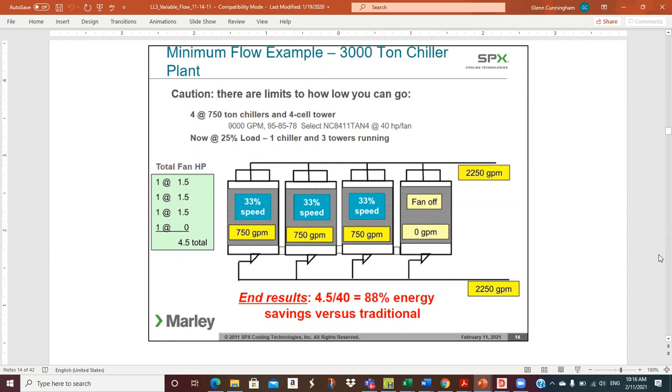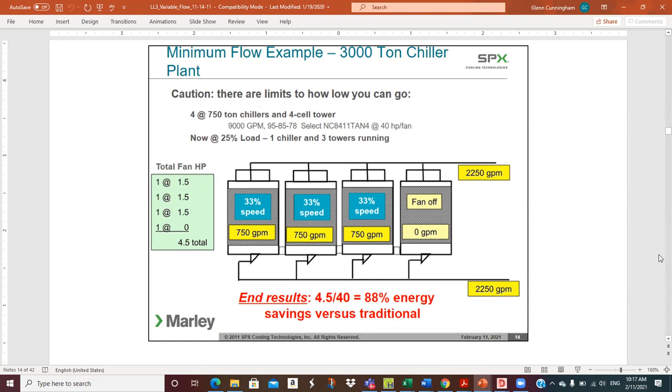For example, here, let's say that you're running just one chiller, and they can't run all 4 cells because that would violate the minimum flow. It's 2250 divided by 4, whatever that is, too low. So they're saying, okay, in order to respect the minimum flow, I'm still going to have to run 3 towers.